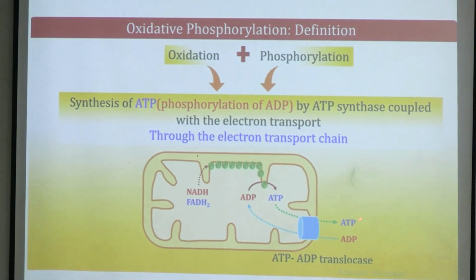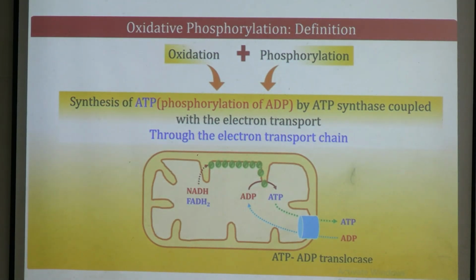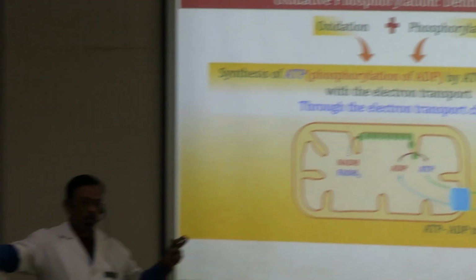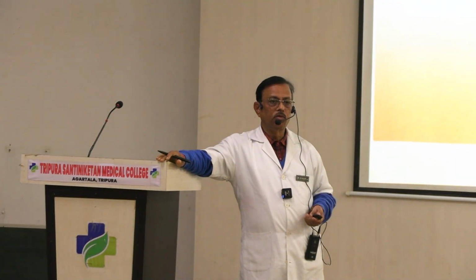So in the mitochondrial matrix, ATP is synthesized and released, and from the mitochondrial membrane, ADP is taken up again for synthesis of ATP. So there should be an adequate supply of ADP, and this generated ATP should be removed from the mitochondrial membrane to the peripheral tissue for utilization.